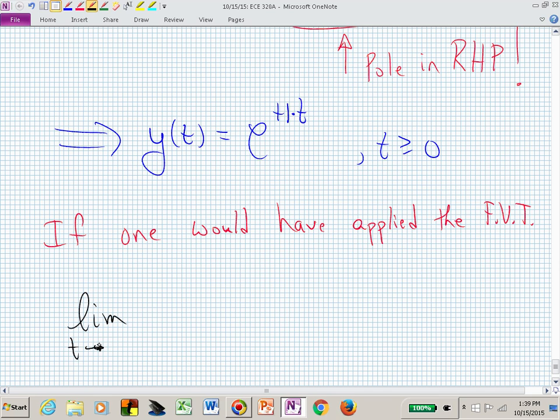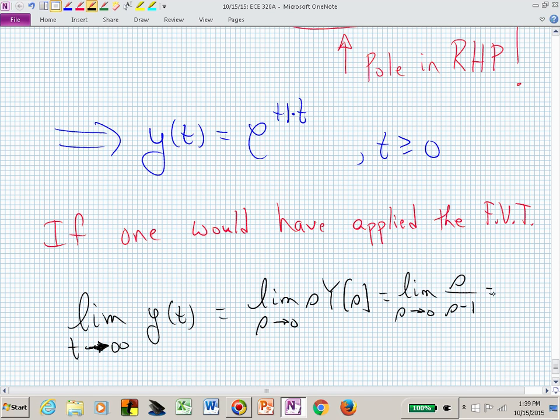Limit as t goes to infinity of y of t is the limit as s goes to 0 of s Y of s. I'm talking to myself on the exam, and you'll want to be kind of quiet. Limit as s goes to 0 of s over s minus 1. Oh, good, that's well behaved. 0.